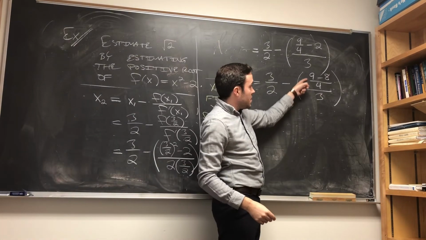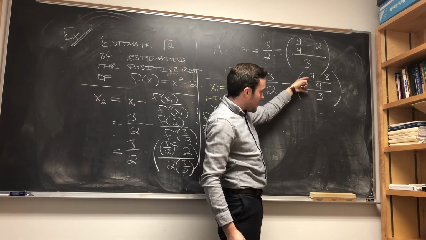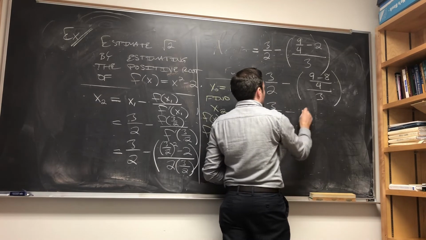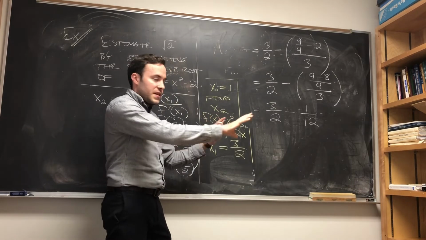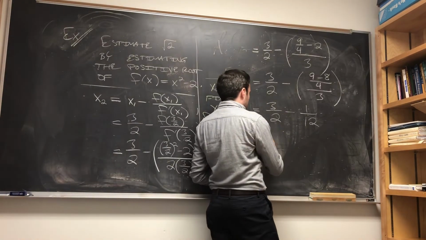Right, so up here, this is really 1/4 divided by 3, which is going to give me 1/12. And so I've got 3/2 minus 1/12. Now just to finish this off and get one nice tidy answer, I just need a common denominator again.